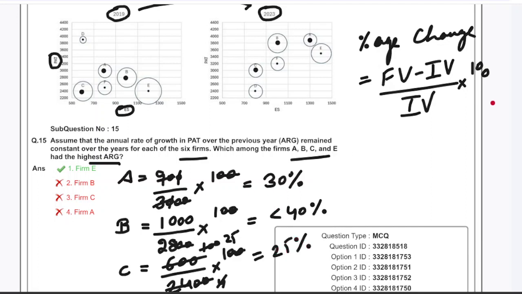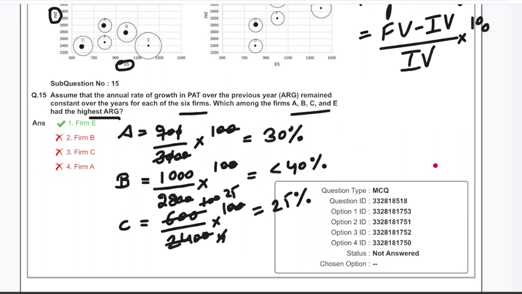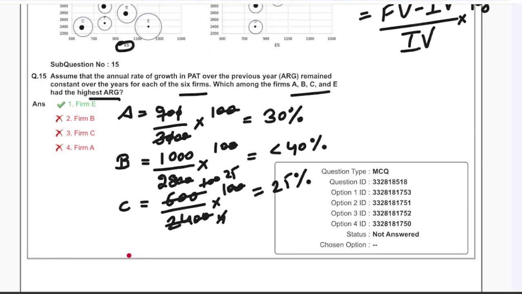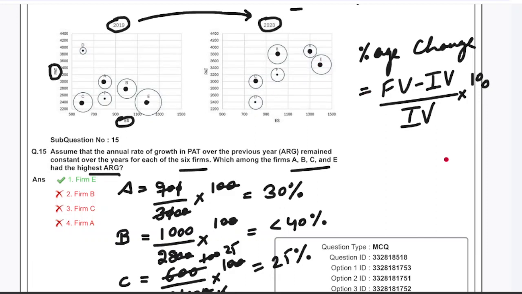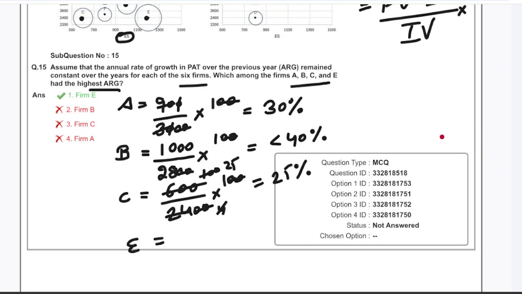And the last, which we have for E: this is 2400 and this is 3500. So the difference is 1100, divided by 2400, multiplied by 100. That is going to be greater than 45%.